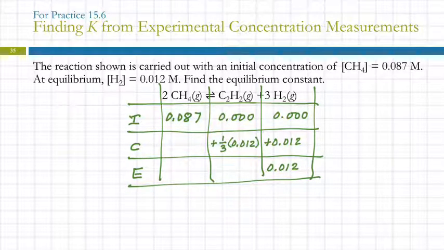Our reactant is going to be decreasing, so it'll be negative. And again, we need to take into account the stoichiometry. So for every 3 moles of H2, we lose 2 moles of CH4. So we've got something times that 0.012, right? Sometimes it's easier to think, what if this was 12? What if the change for the hydrogen was 12?